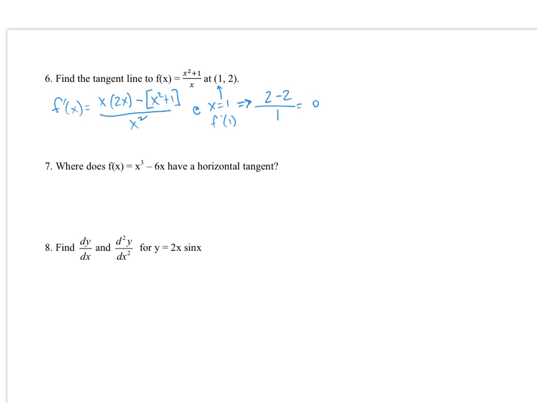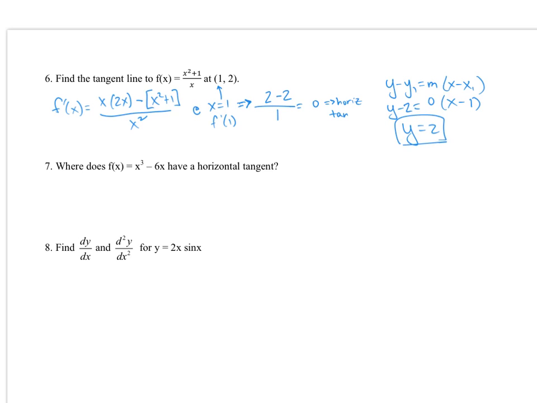So I have a horizontal tangent, since the slope is 0. That means I'm going to have a horizontal line. If we wanted to go y minus y1 equals m times x minus x1, here our slope is 0. We have x minus 1, and then y minus 2. So we end up simply with y equals 2 as our tangent line, since we have a horizontal slope.